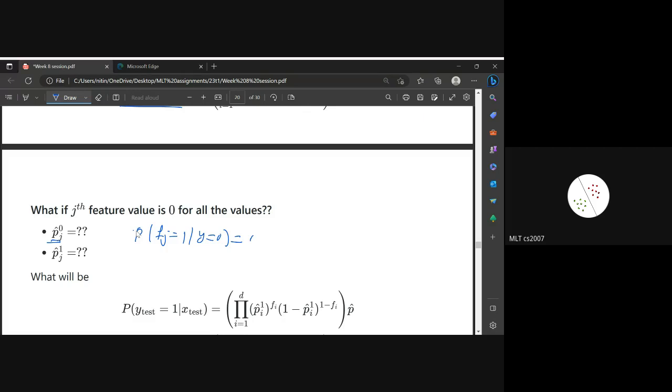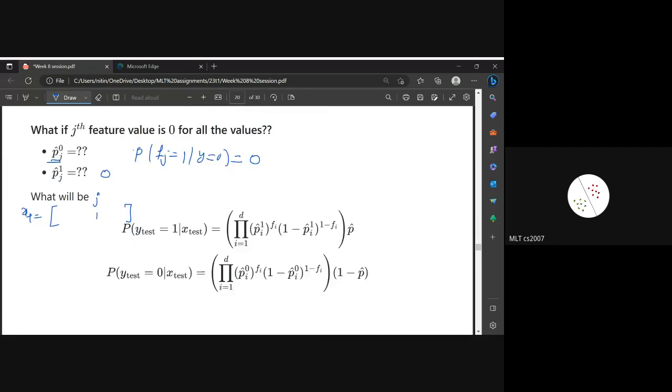Now say a test data point comes where the jth feature is 1, and in the training data there is no data point in which the jth feature is 1. Here Naive Bayes will fail, because the jth feature is 1, so this will become 0, this will become 1, and this will become 0 raised to power 1. So this probability will become 0, and again that probability will become 0, and that's where you fail to make any prediction.